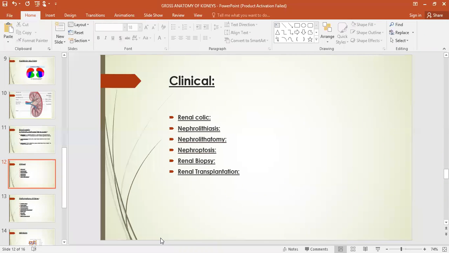We take renal biopsy by marking through imaging or radiology 2.5 centimeters below the costal margin and about 2.5 centimeters lateral to the midline. We go to this marking by radiological imaging. We take a particular biopsy.